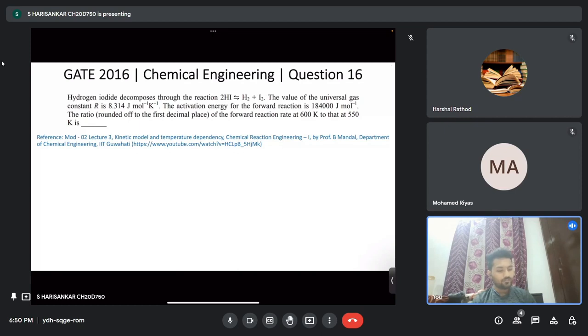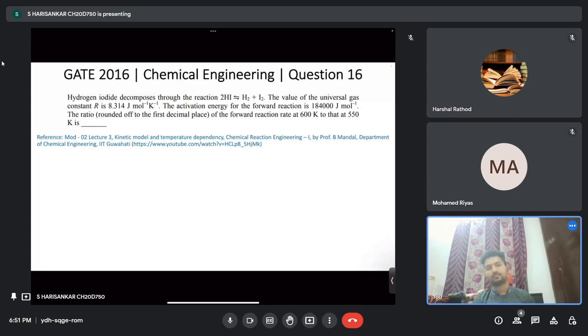The value of universal gas constant R is 8.314 joule per kilomole per Kelvin. The activation energy for the forward reaction is 184,000 joule per mole. The ratio, rounded off to the first decimal place, of the forward reaction rate at 600 Kelvin to that at 550 Kelvin is dash.